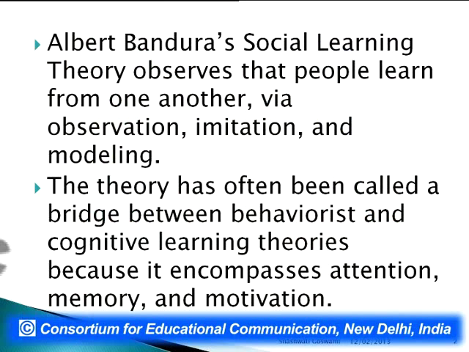People learn through all these three processes. The theory has often been called the bridge between the behaviorist and cognitive learning theories, because it encompasses attention, memory and motivation. All these three are very important as a bridge between the behaviorist and the cognitive theory.